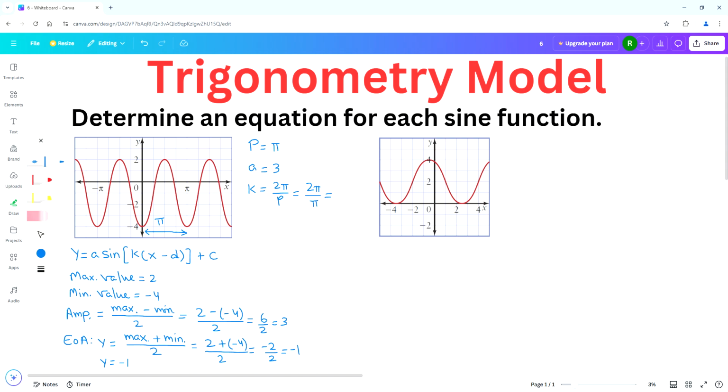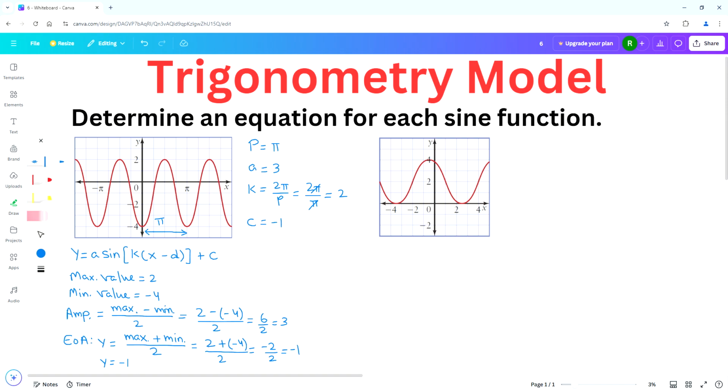The pi's cancel each other out. So the K value is 2. Next, we can calculate the C value. C value is equal to the value we got for equation of axis, -1.